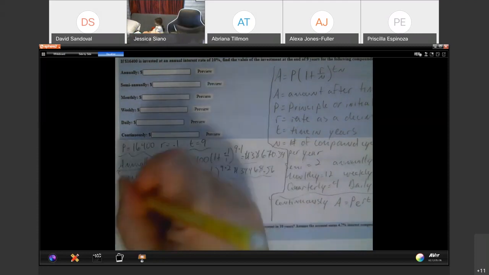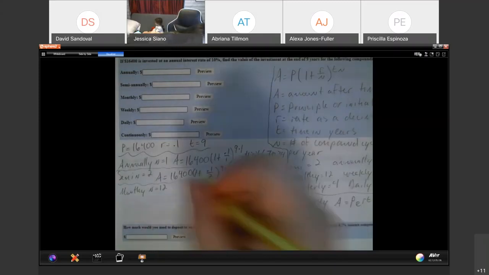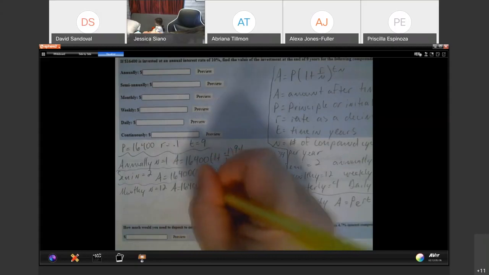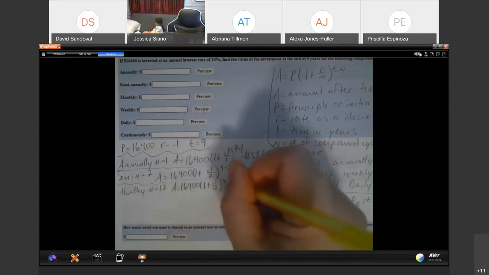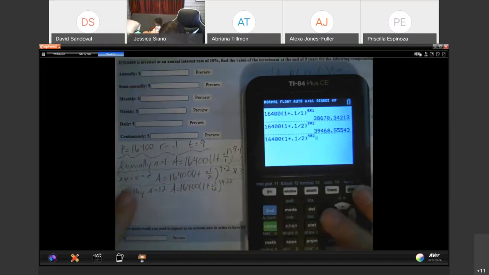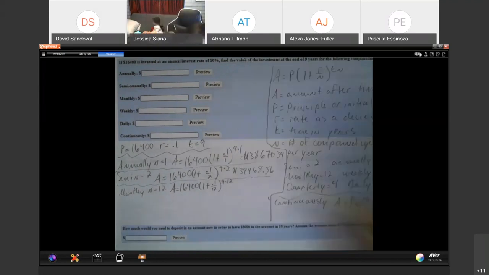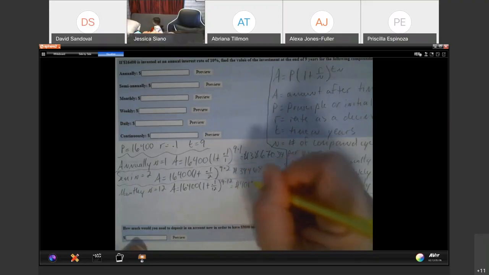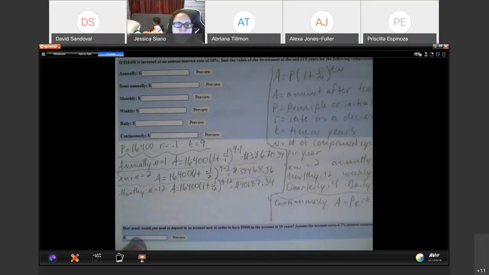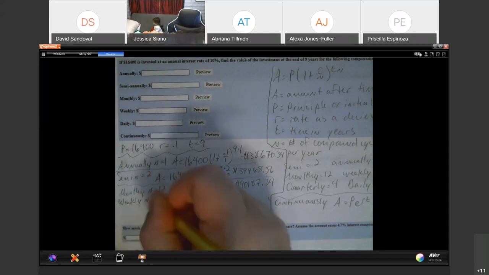Monthly, n is 12. So we have 16,400 times 1 plus 0.1 over 12 to the 9 times 12. That gives $40,187.34. Weekly, n is 52.